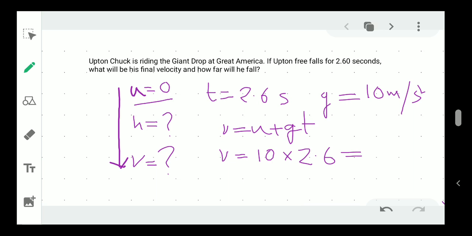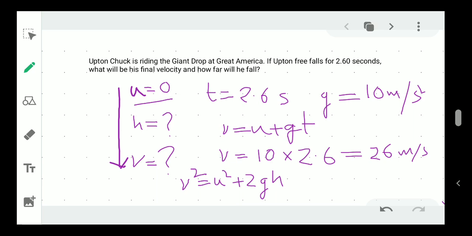So basically my velocity is now 26 meters per second. So I know v, the answer to the first question: just before touching the ground, what was the velocity. Talking about h, we can use the formula v square equal to u square plus 2gh.